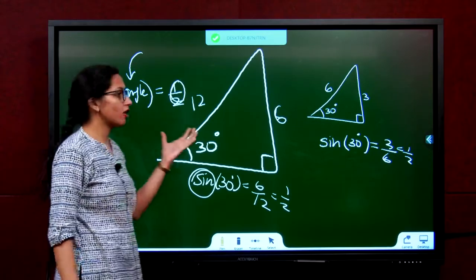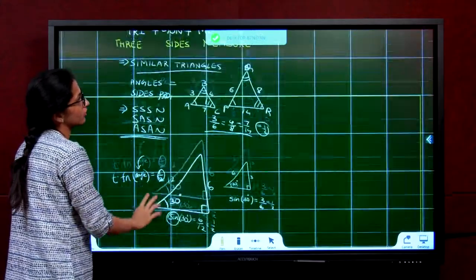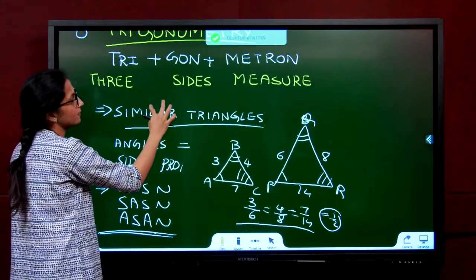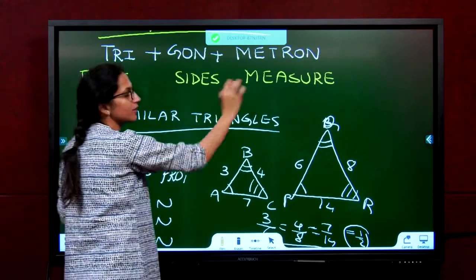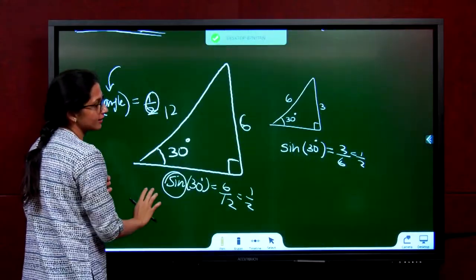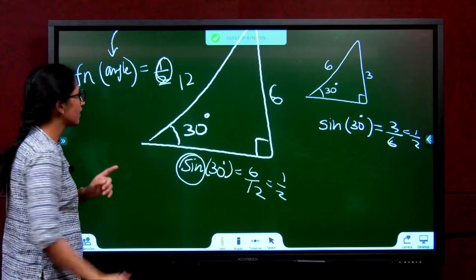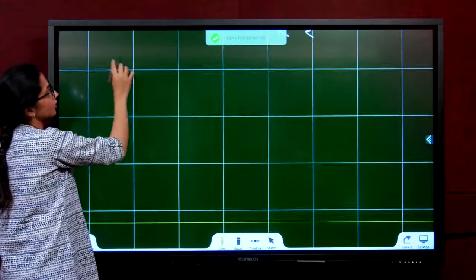So in trigonometry, they did 3 sides measure. That means they related the 3 sides with the measure of the angles. How exactly did we relate the 3 sides to the measure of the angles?